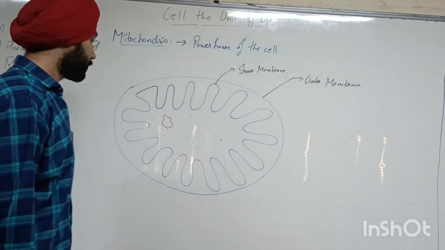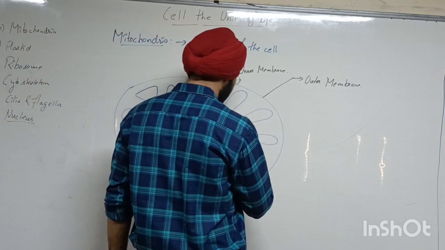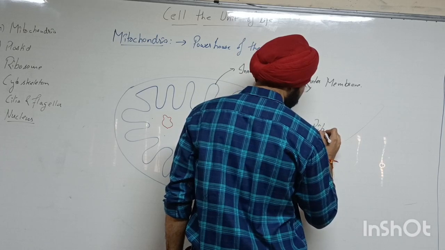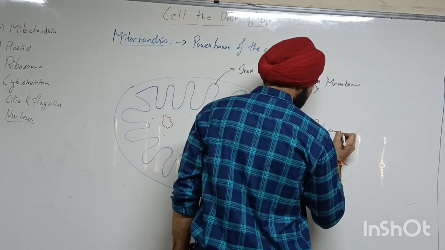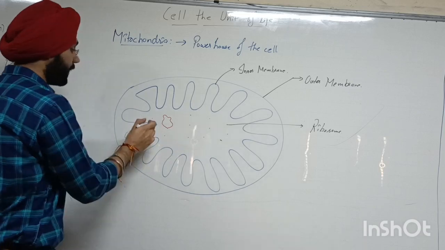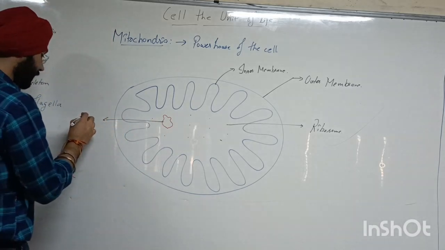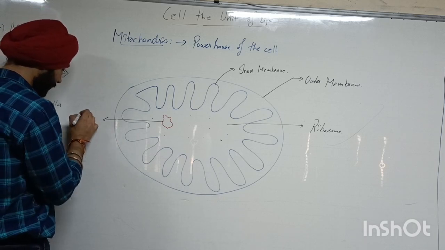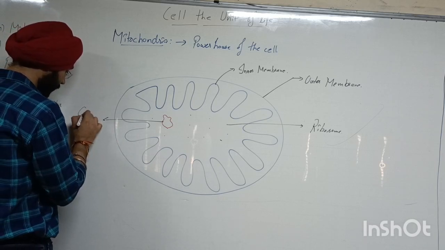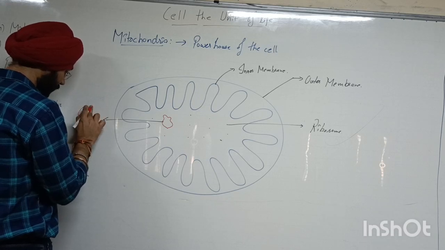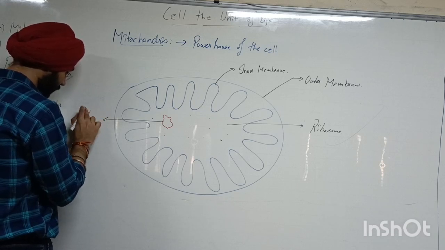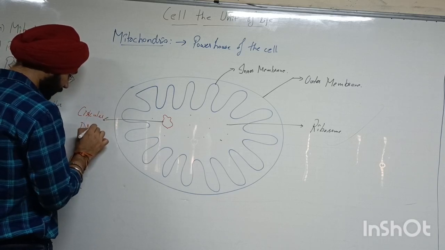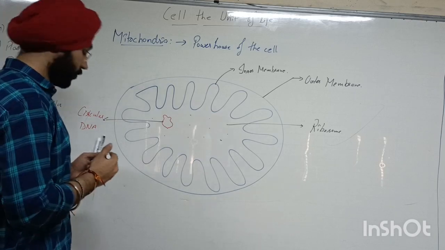Now these black dots are ribosomes. This red thing is circular DNA. Let me write it down with the red pen. This is the circular DNA of mitochondria for sure.